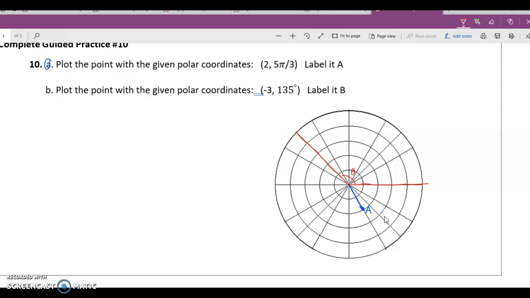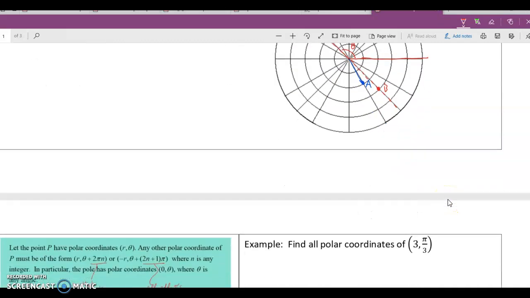But since we have a negative radius, we have to go with theta plus pi, or theta plus 180 in this case. So we're at our 315 reference angle. So that's going to be along this one right here. And we're looking for a radius of -3. So 1, 2, 3. So that is our letter B.